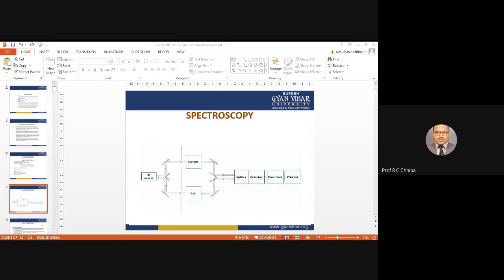The water sample is there, and the source is visible radiation, which passes through filters, and specific wavelengths are selected and passed through the water sample. So definitely we get what amount of nitrate is present in the water sample. That is very easy.